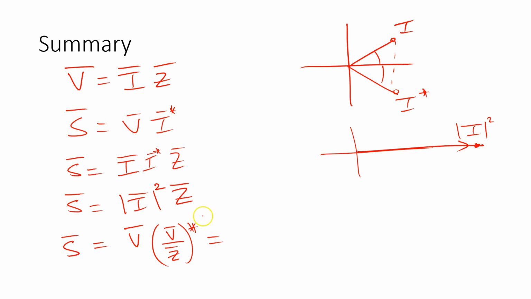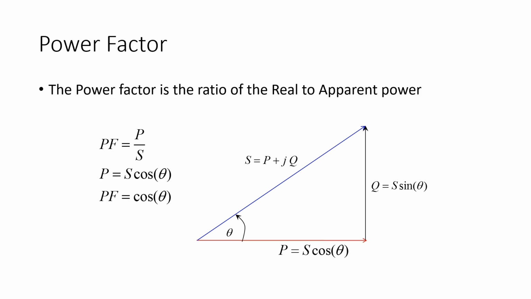Then V multiplied by V conjugate would be the magnitude of V squared over Z conjugate. So these are all different things I could use, and these are all things you should keep in mind as we proceed to the next section.